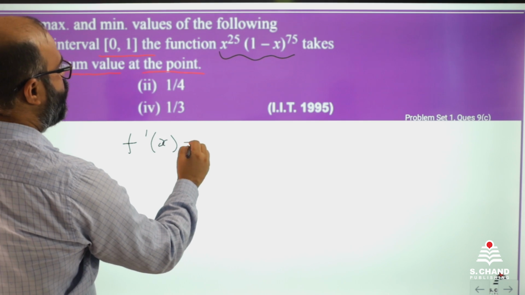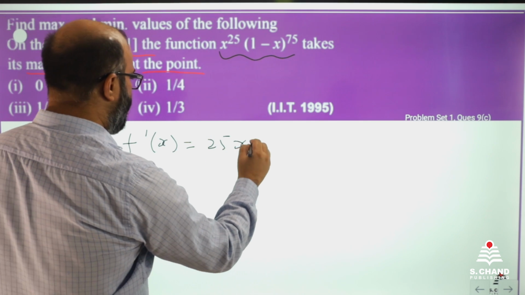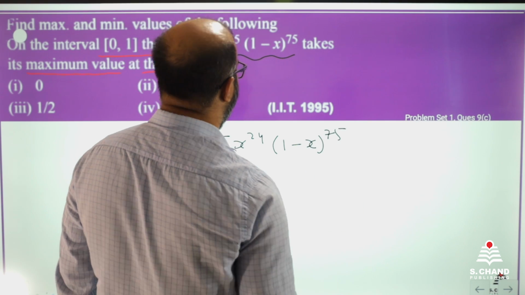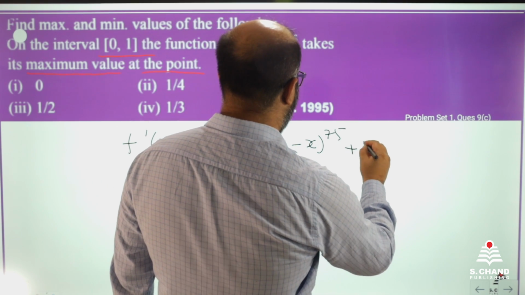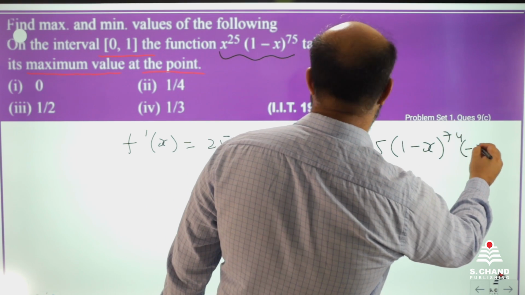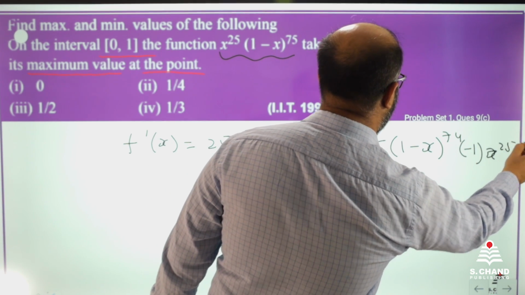This will give you 25x to the power 24 into 1 minus x to the power 75 plus 75 into 1 minus x to the power 74 into minus 1 into x to the power 25.